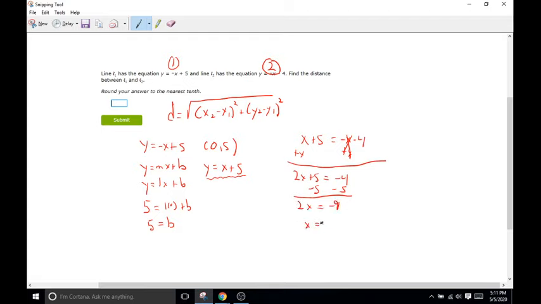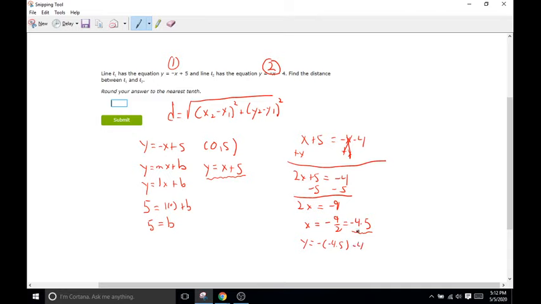So x is going to equal -9/2 or -4.5. You want to divide that out. Okay, so that's what the x coordinate is going to be of our point for the second line. And then we're just going to plug this back into the original equation to figure out what our y is. So y equals, our x is negative 4.5, minus 4.